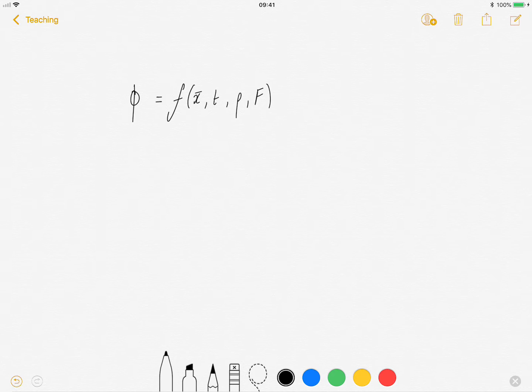In terms of how we could write this in a functional form, we could say that the dependent variable phi, which reflects the behavior of the state of our system, is some function of independent variables, such as our space or time dimensions, parameters that reflect the system properties, for example, density, and also any other external forces that may be acting on our system. The exact mathematical expression of this function can either be simple or complex.